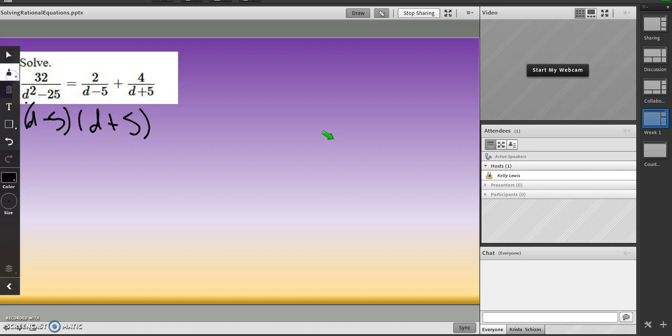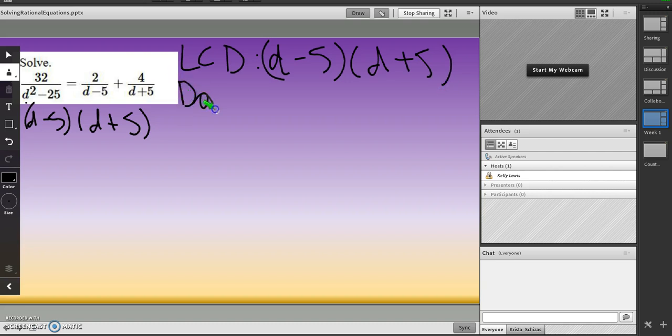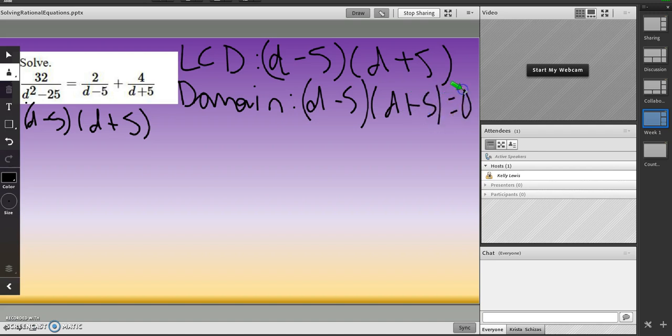All right, so let's write that down. Common denominator: d minus 5, d plus 5. All right, and then we need a domain. To get the domain, you set the denominator equal to 0. d minus 5 equals 0, d plus 5 equals 0.